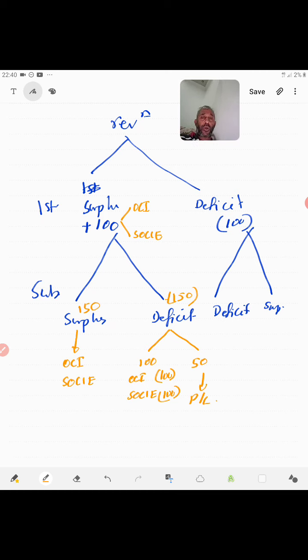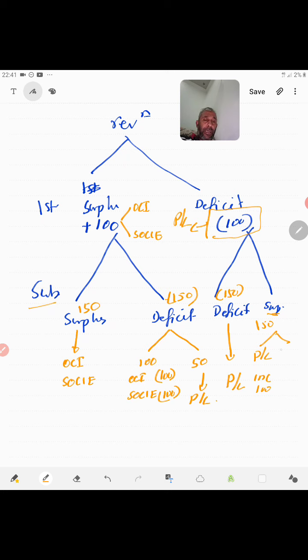But now let's move on to deficit. I have a deficit of 100 on the first revaluation, which I have taken to the profit and loss account, and subsequently I have a deficit of another 150. No problem, just take it to P&L. But if in the subsequent revaluation you have a surplus of 150, what you then do is, previously we had a deficit of 100, so we write back to P&L as income 100.